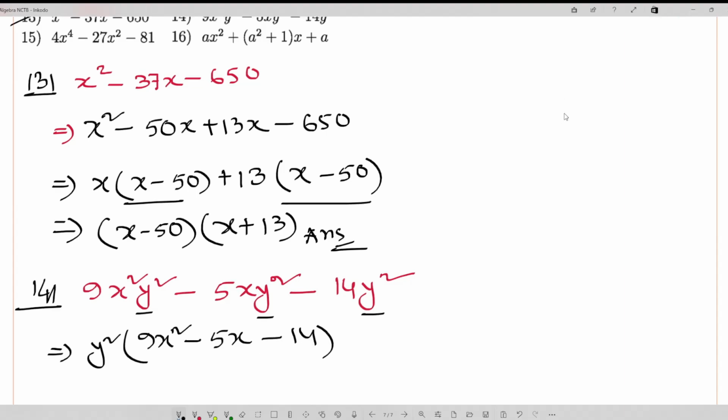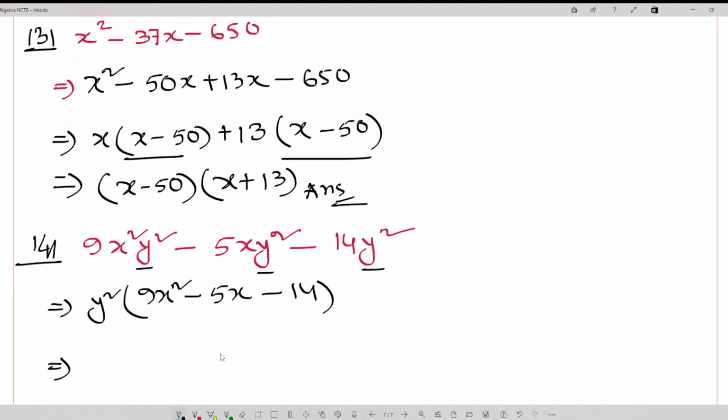Now this one we can make the middle term factor. So 14 and 9 we can multiply, right? 14 times 9 will become 126, and once we subtract it will become 5.